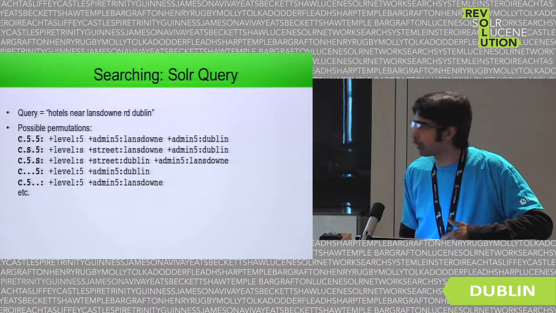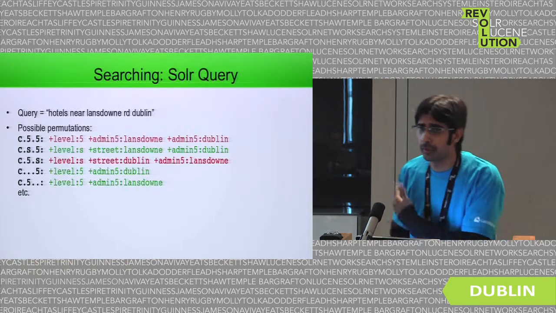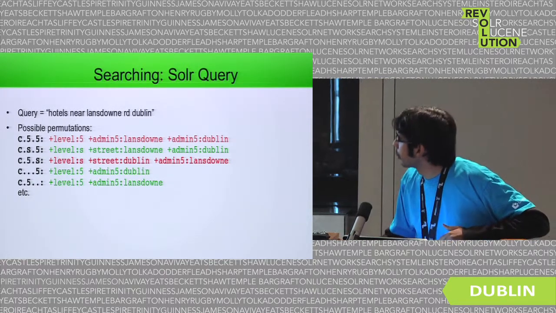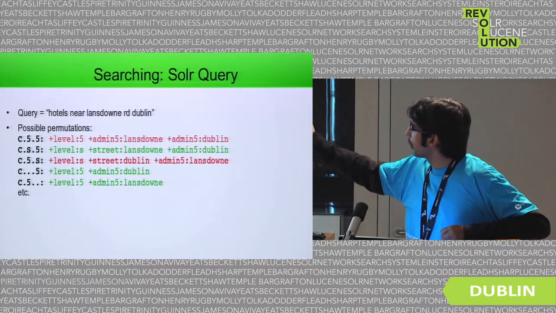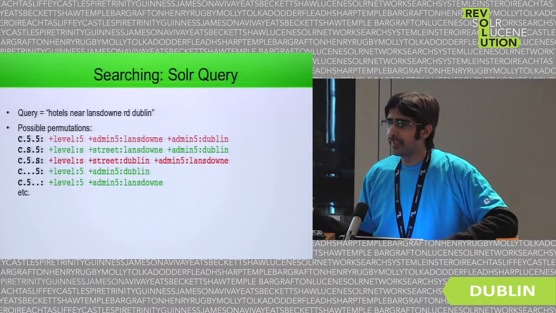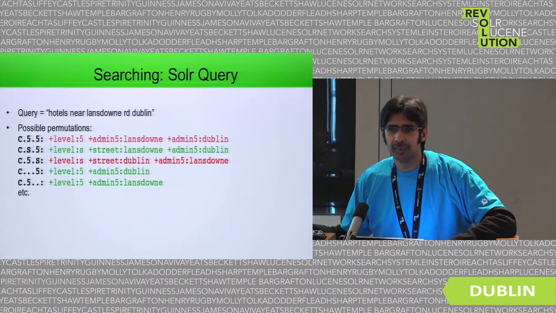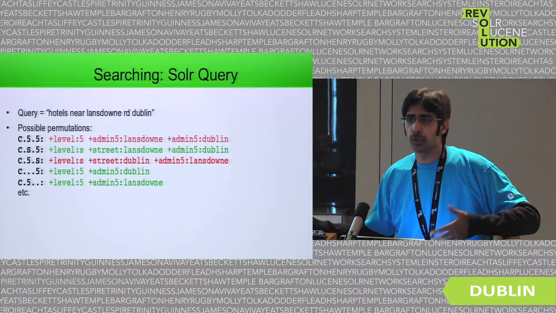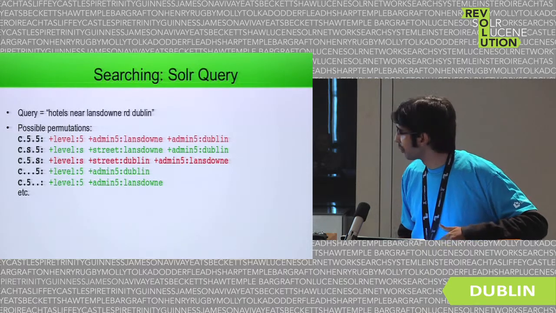There won't be any results for this. The second one could hold a positive match. The third one should not. The third one did not work because in the city Lansdowne, there was no street named Dublin. And had it been there, it would have resulted in another combination to worry about and to rank.